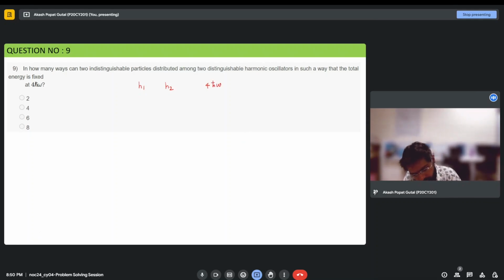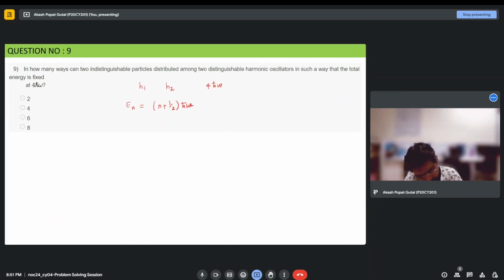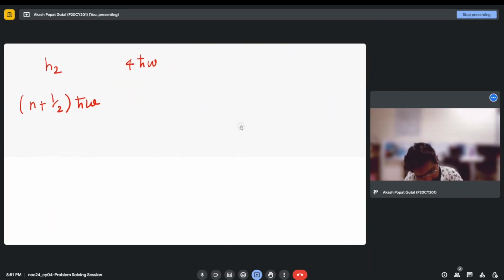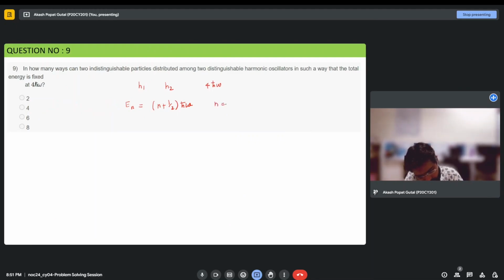Right? 4ħω, in the sense we know the harmonic oscillator energy depends upon the quantum number n, is (n plus 1/2)ħω. And n runs from 0, 1, 2, 3, and so on.